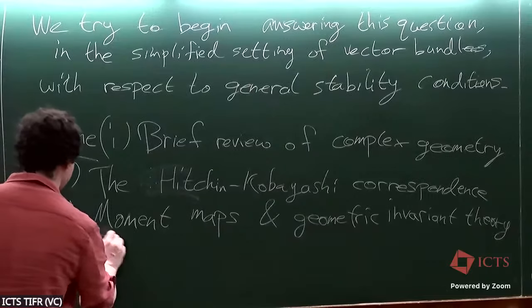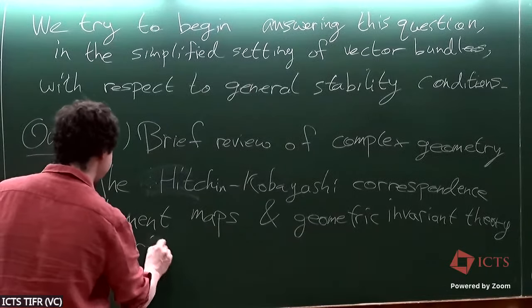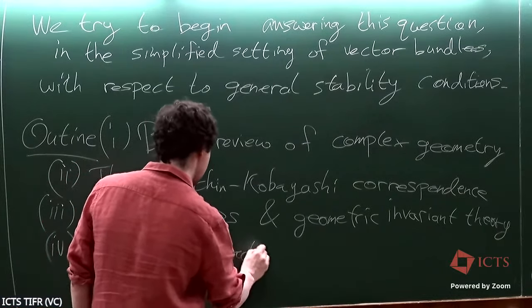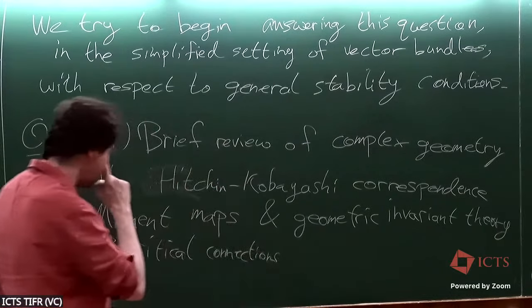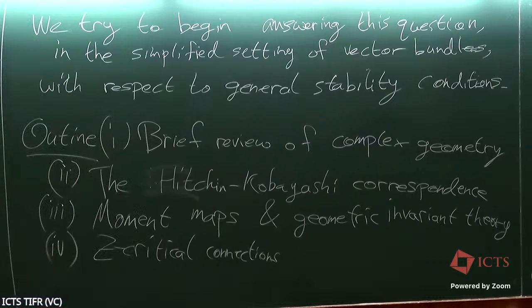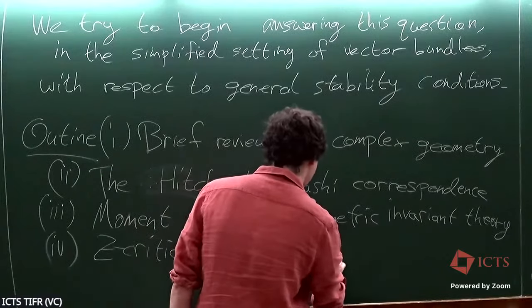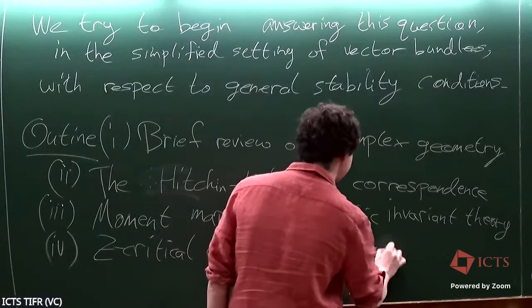So that will lead us to this theory of Z-critical connections. These are a flexible geometric PDE for a Hermitian metric, or equivalently a connection on a vector bundle. And with moment maps, I'll explain how to derive these equations.